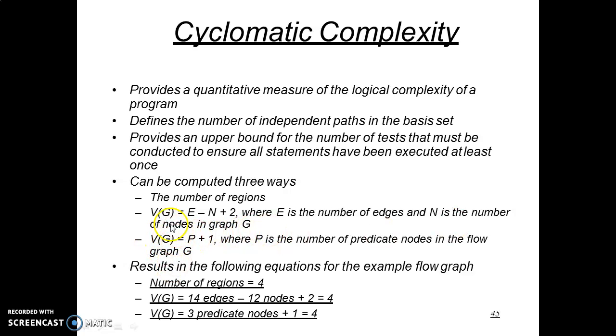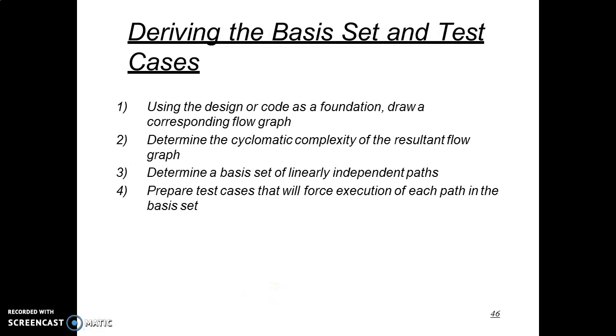And V(G), the cyclomatic complexity, is P plus 1, where P is the number of predicate nodes in a flow graph. We have already seen that you have to calculate how many edges are there in your flow graph, count the number of nodes, and add 2. So edges minus nodes plus 2 is equal to 4.